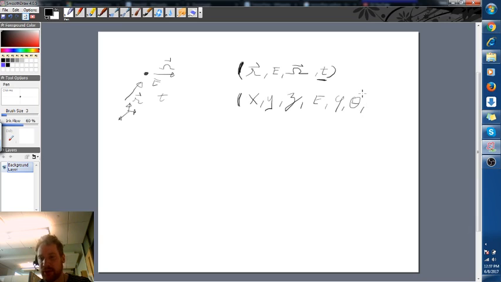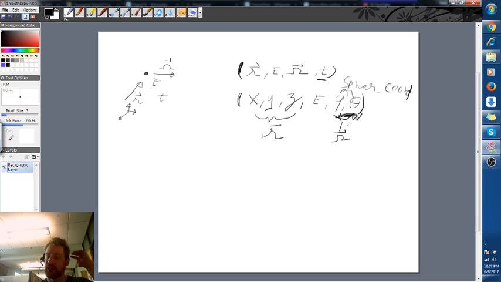Well, time would be the 8th, but let's assume we're working in steady state. These are packed into our position vector, and these guys here are packed into our direction vector. This is spherical coordinates. You could also parameterize this in terms of a Cartesian direction vector, but from what I've seen, it's mostly spherical.